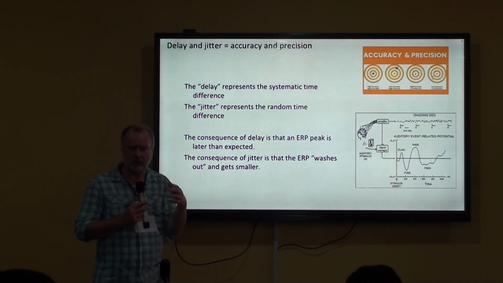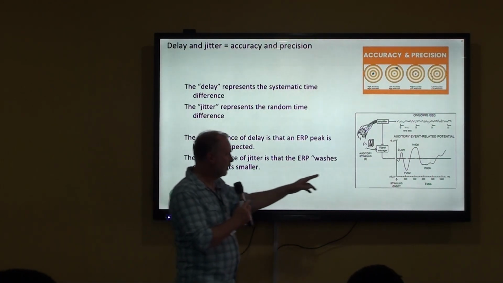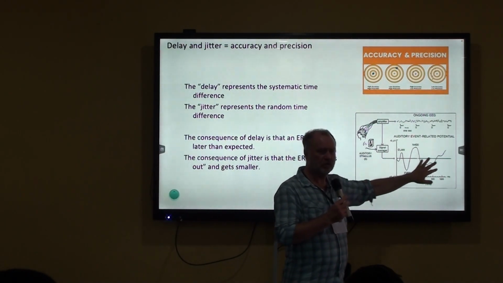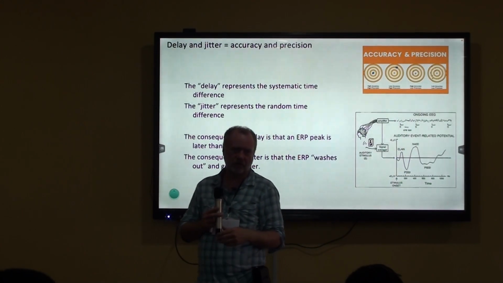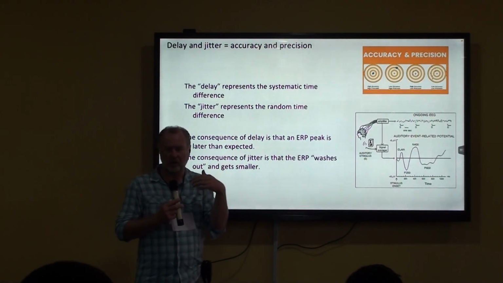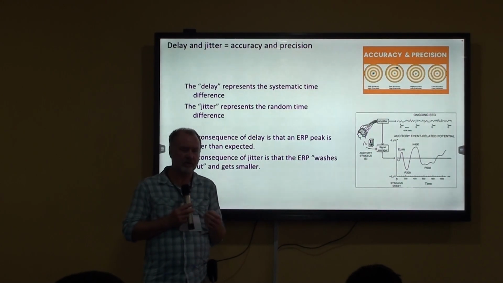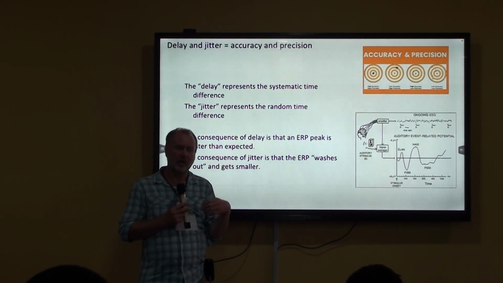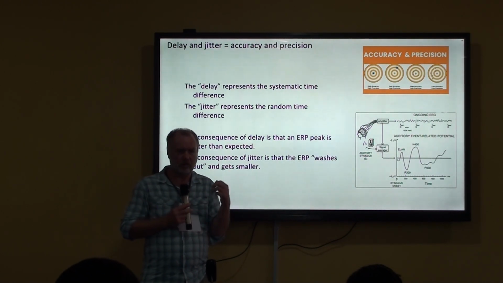But what is more important is that you try to reduce the jitter. Delay means that the ERP component is going to shift in time, but the ERP component is still going to be there. You might expect an N1 component at 100 milliseconds, and you're finding the N1 component at 120 milliseconds. That still works.